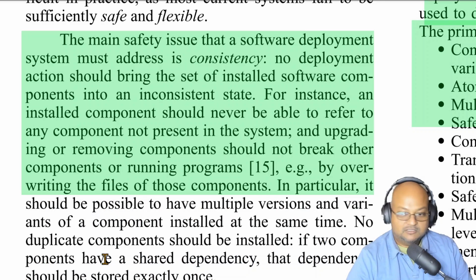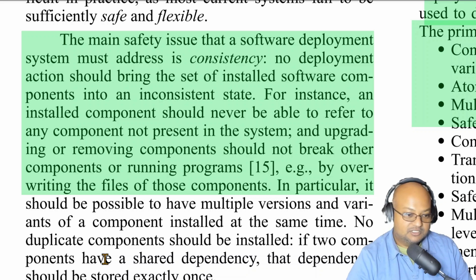The overarching goal of Nix is to improve the state of software deployment. So we first have to start with what are the common big problems when it comes to software deployment as it is today. And the main problem is that most of the current mechanisms do not adequately address the issue of consistency. What do we mean by consistency?